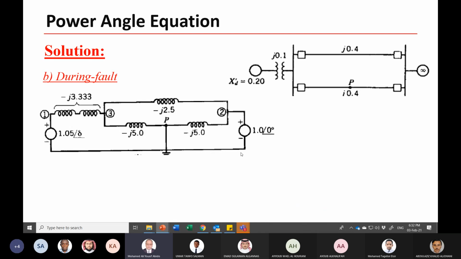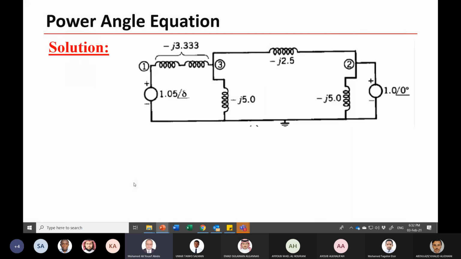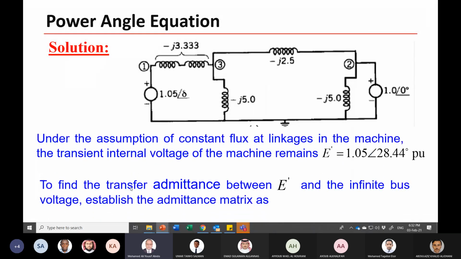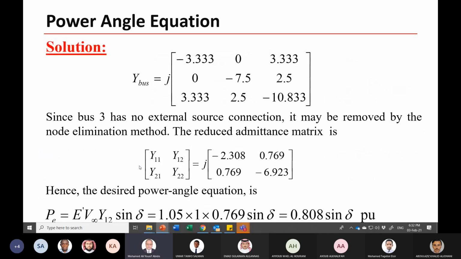You can have this impedance here and this impedance here, and these are Y connected, so you can convert them to delta. This is another approach, having admittance rather than impedance, but it doesn't matter. It is the same concept. You can have the Y bus matrix, and I think since the time is over, we are not going further.